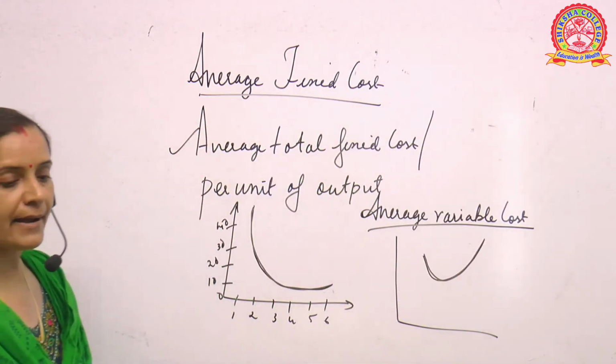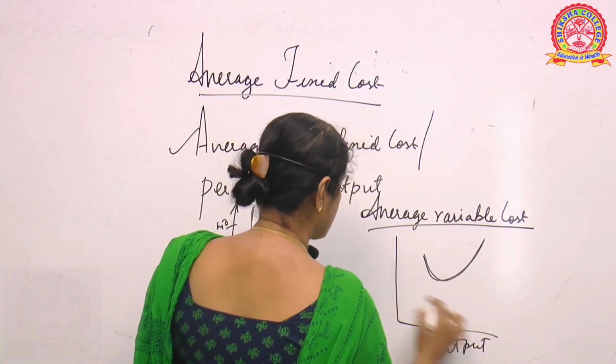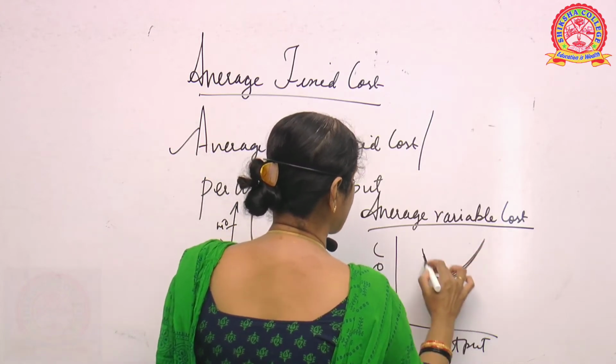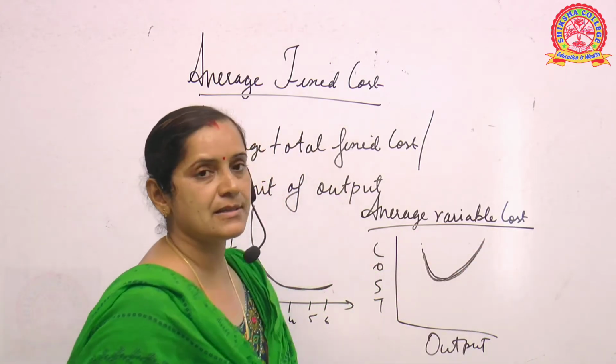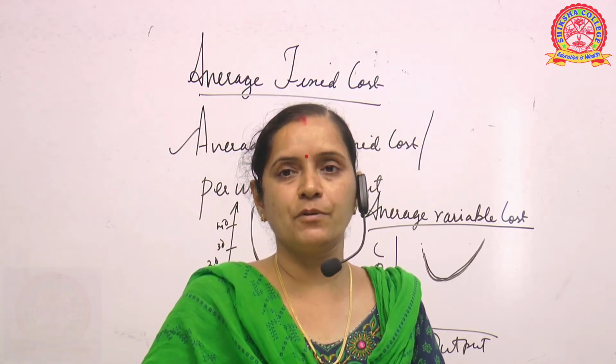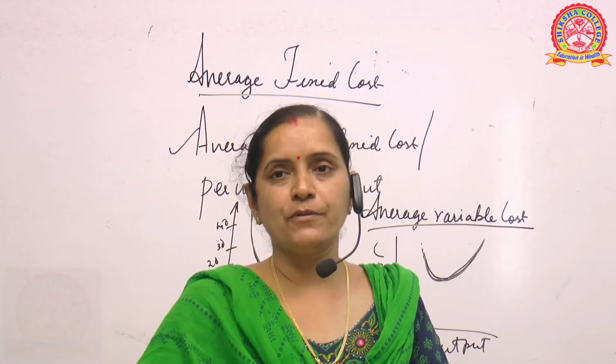Okay, because assume this is the output, this is the cost. We have already discussed the concept of variable cost. Variable cost is that cost which if the variable cost is changed, output will also change. So if we go on increasing the variable cost, your output will also be changed.